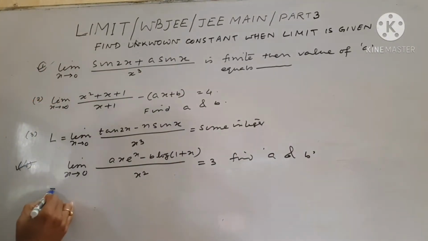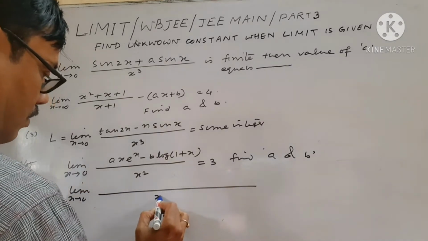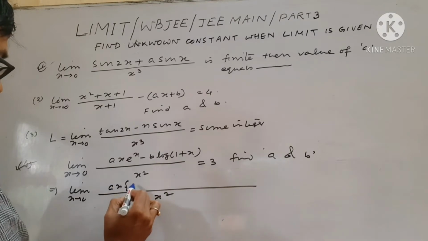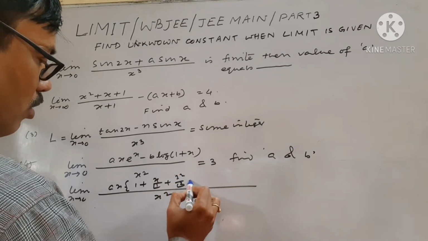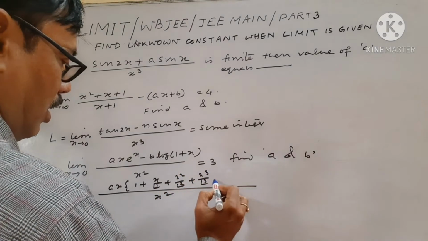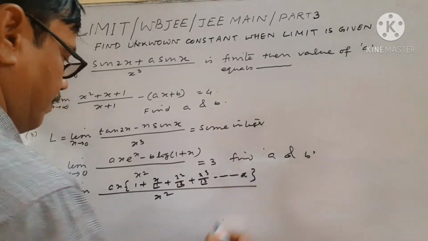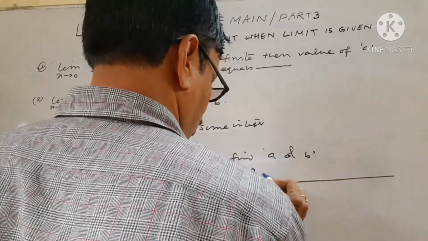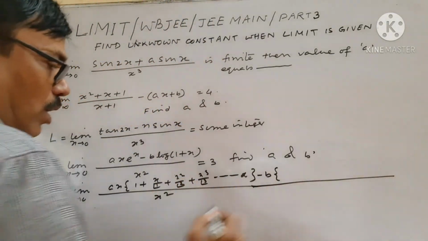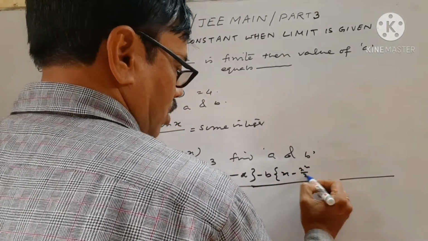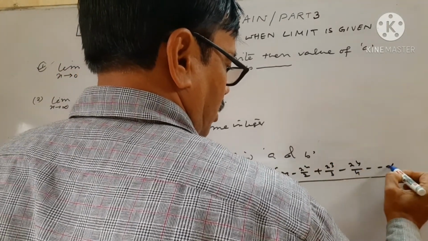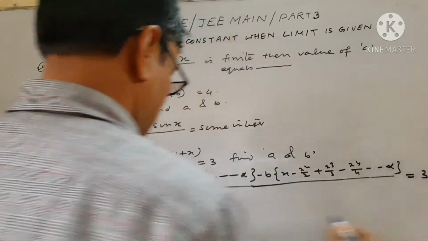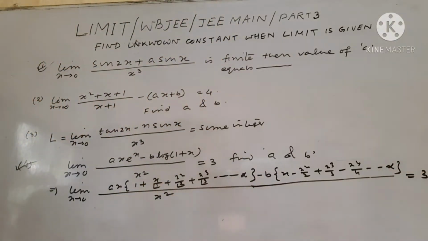So look, this implies limit as x tends to 0 of [a x times (1 plus x by factorial 1 plus x square by factorial 2 plus x cube by factorial 3, and so on to infinity) minus b times (x minus x square by 2 plus x cube by 3 minus x^4 by 4, and so on to infinity)] equals 3, and the denominator is x square.